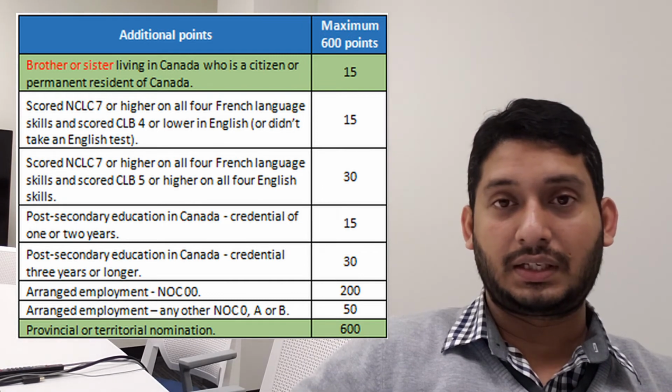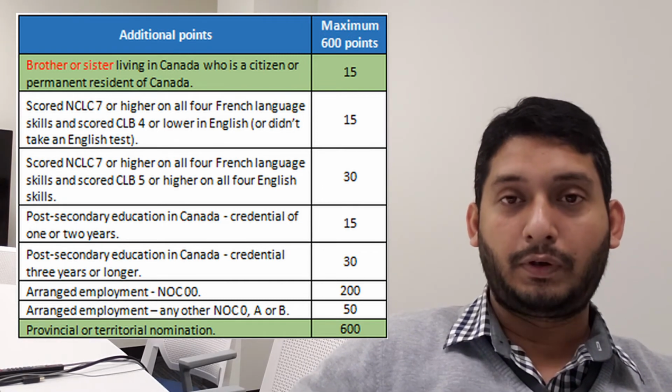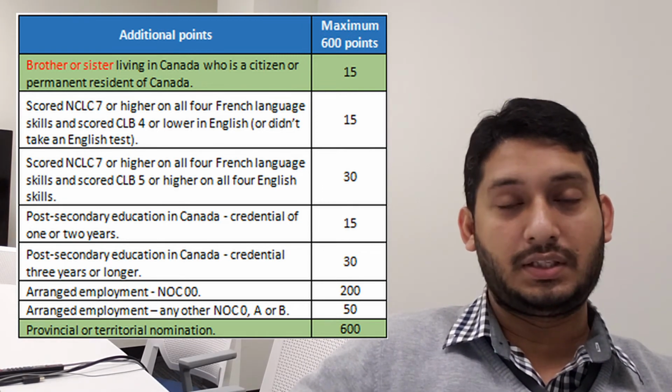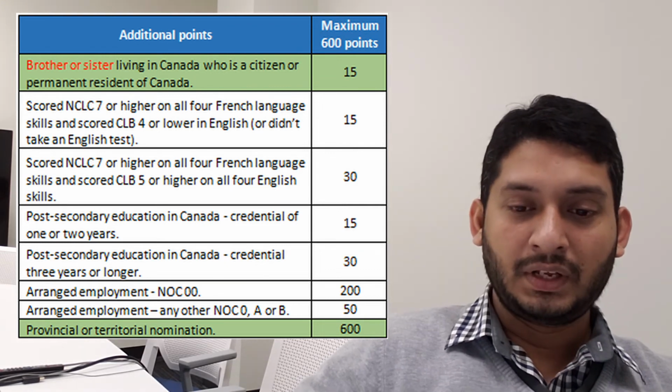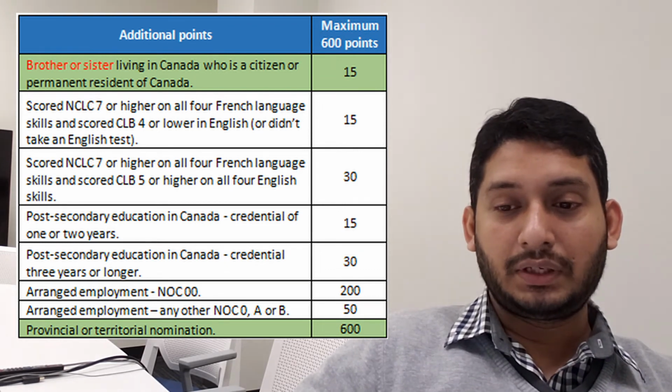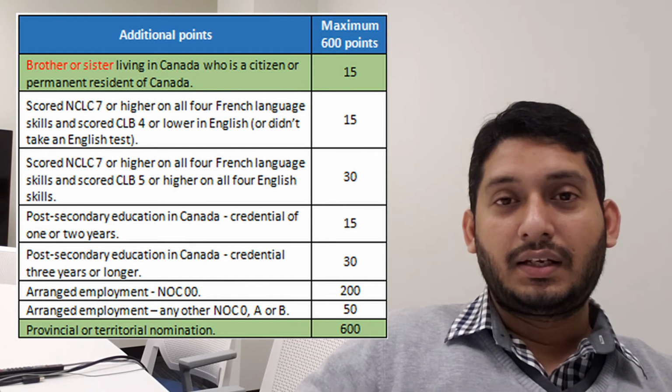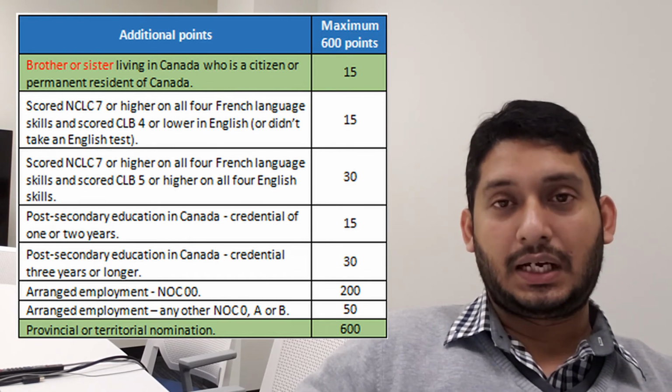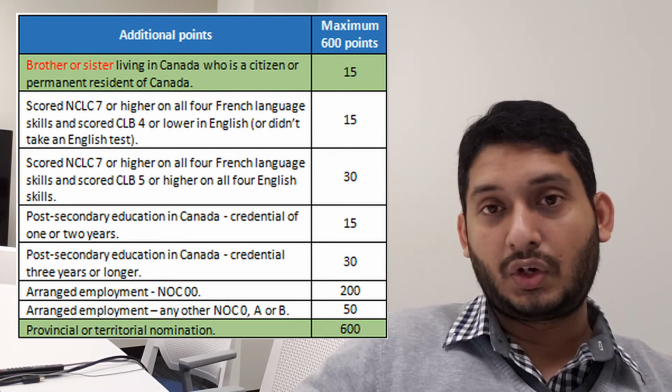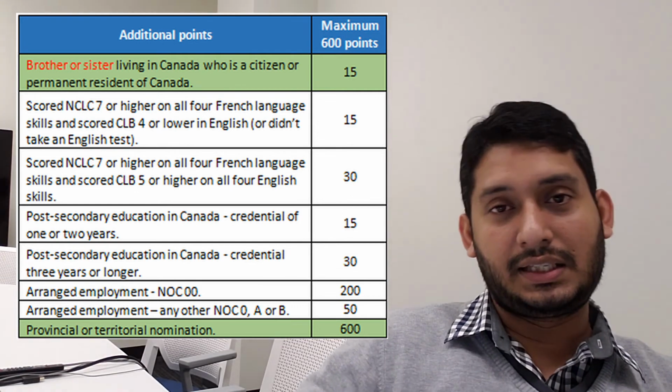That brother or sister can be yours, or if you're married, then your spouse's is also applicable, no one else. For the provincial and territorial nomination, you should definitely give it a try if your CRS score is not good enough in that 600.